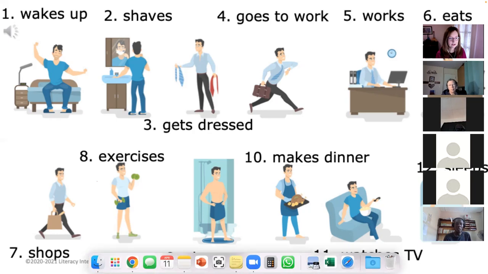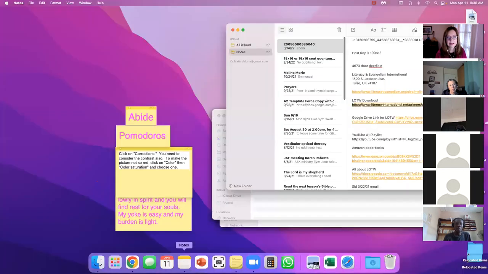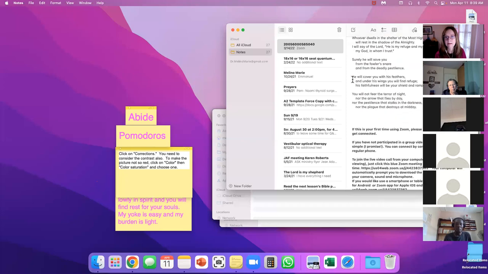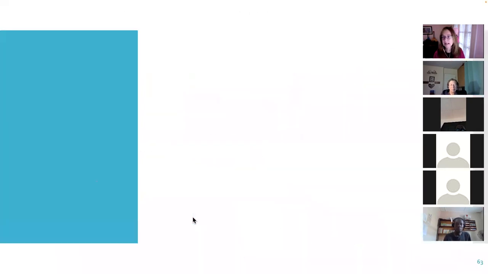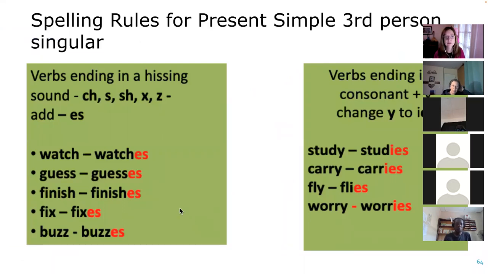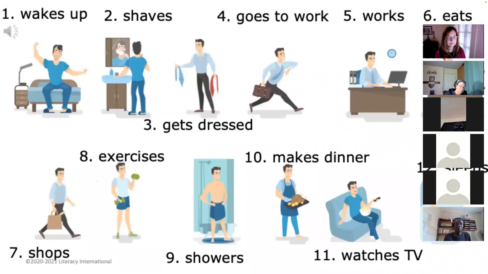I am not sure, but if we go to the table of contents for Light of the World, we could look it up. I know it's the lesson that's on daily routines, but I'm not sure of the number. Okay, thank you.